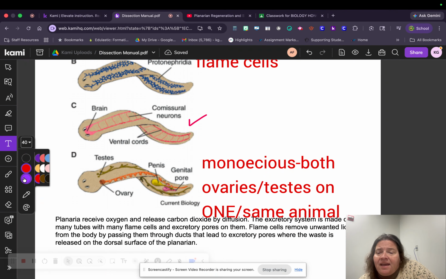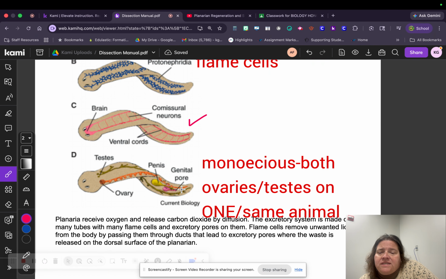All right. And this, for ease of the diagramming, is showing you that the ovaries are going to line one side, and then the testes are going to line another, but that's not how it is. There'll be ovaries and testes on both sides. So this is just trying to show it.